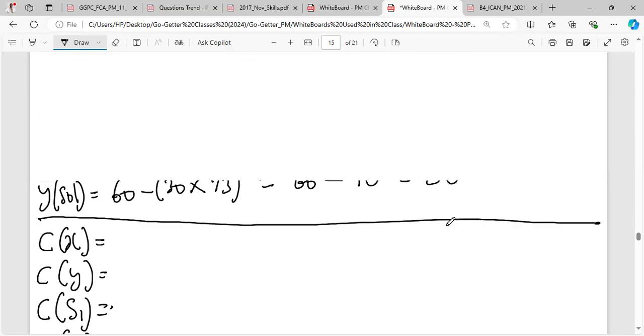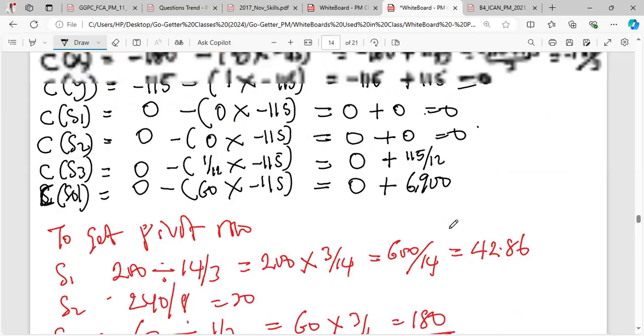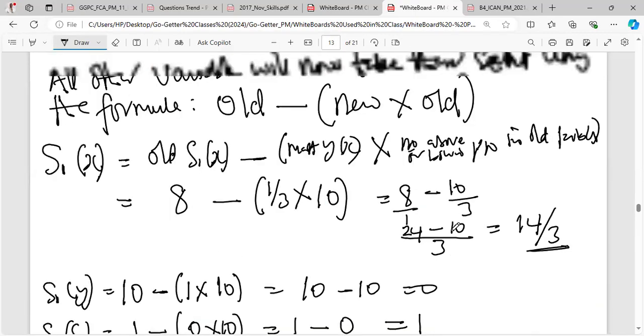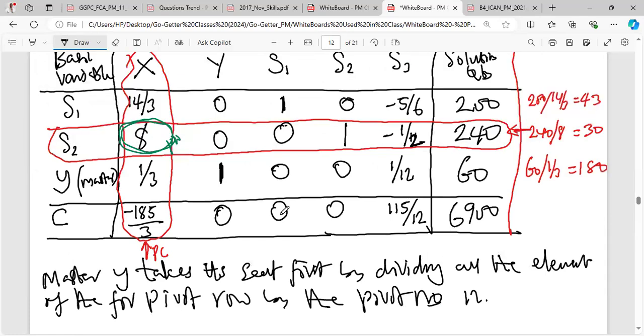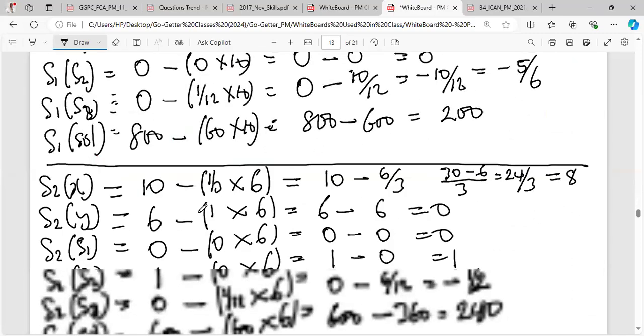So let's go down and bring the old C: minus 185 over 3, 0, 0, 0. Let's write it down first before my head will burst. Minus 185 over 3, 0, 0, 0.